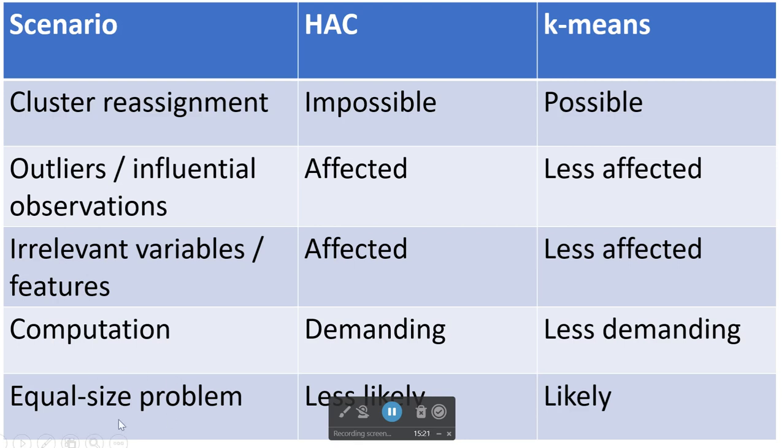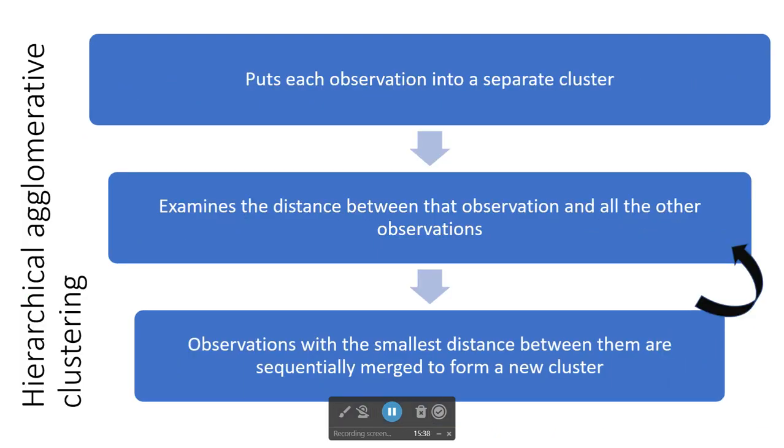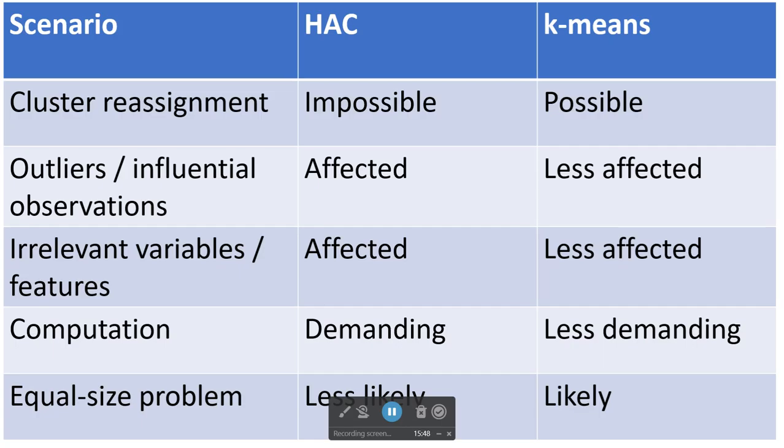But the equal size problem is less likely for hierarchical agglomerative clustering due to their different steps involved. Here are the steps for hierarchical agglomerative clustering, and here are the steps for k-means clustering. And because of that, we see all these different scenarios being played out differently between these two clustering techniques.